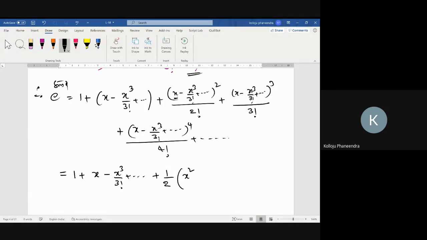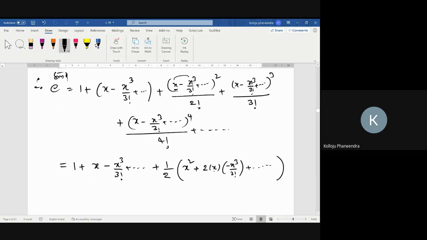The second term is x power 6, but not required here. So the 2ab term will be required. So I will write plus 2 into a into b, x cube by 3 factorial. The 2ab term is x into x cube, x power 4 is required. All other terms are neglected. I think it is clear.